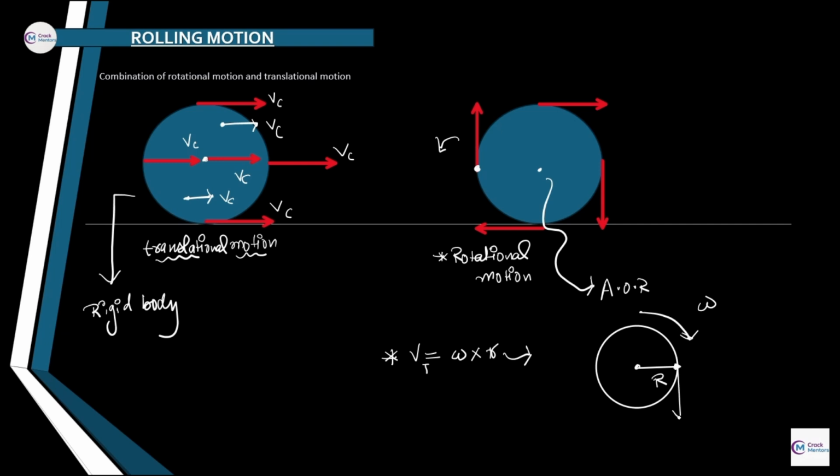The tangential velocity is going to be omega cross small r, and both of these are vectors. What is the r vector? The small r vector is nothing but a position vector from the axis of rotation to the point where the tangential velocity needs to be calculated.